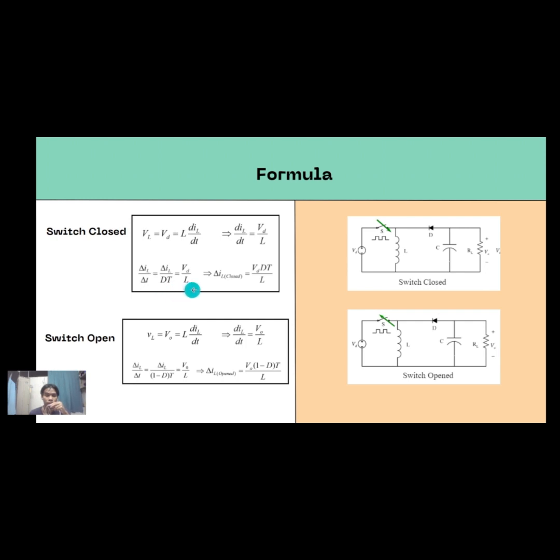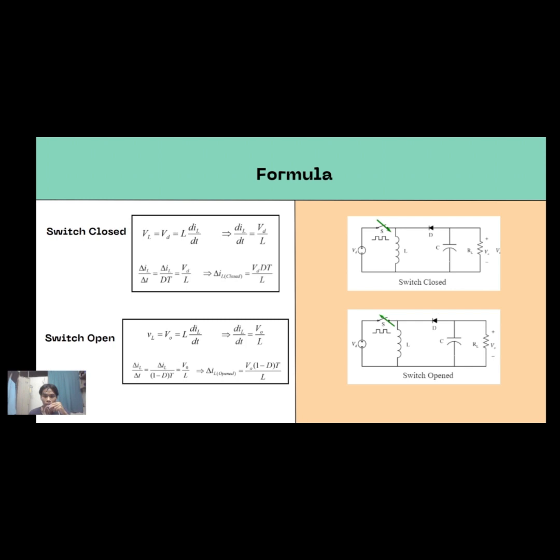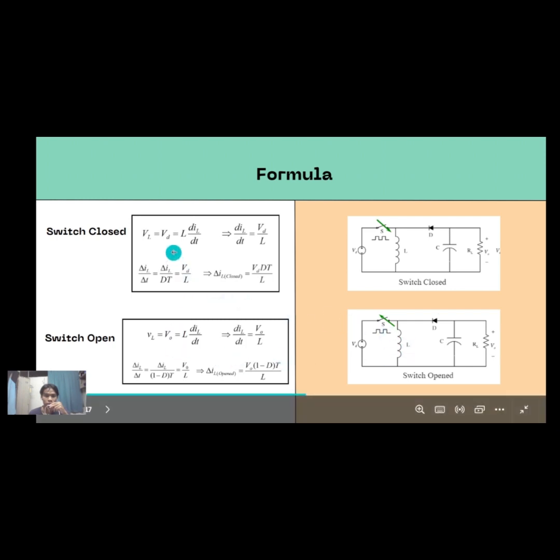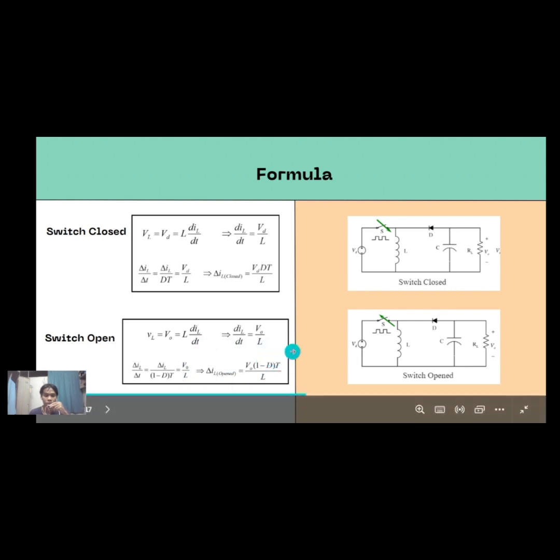When we rearrange it so that change of IL is on the left hand side, we get this equation. For the switch open, it's not that much different. The difference is only that instead of VL equals VS, it is now VL equals VO. When we rearrange it so that change of IL is on the left hand side, we get this equation, which is change of IL equals VO (1 minus D)T over L.